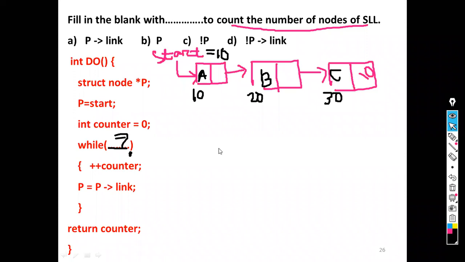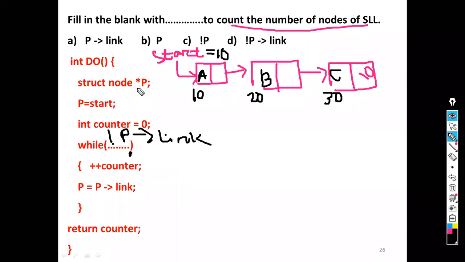The question is to count the number of nodes of the single linked list, right? If I take not P link, not of P link, okay? So take line by line, take your answer, not P link. You are saying not of P link. Yes.